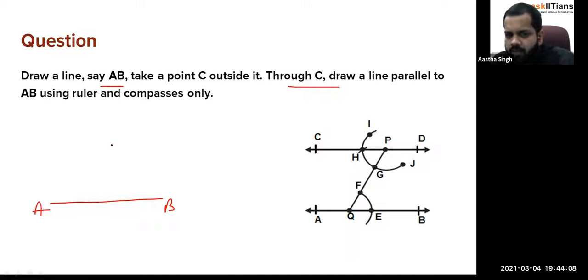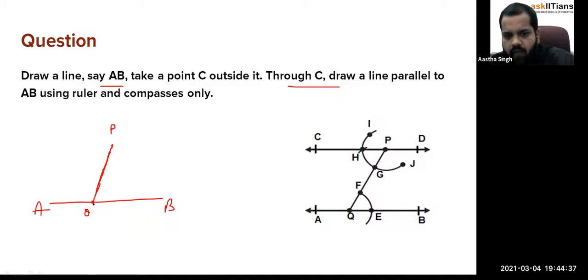Take any point P outside this line, and a point Q on your line AB. Then just join P and Q.